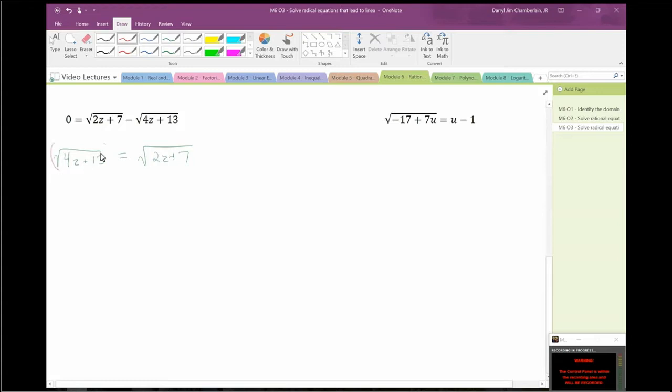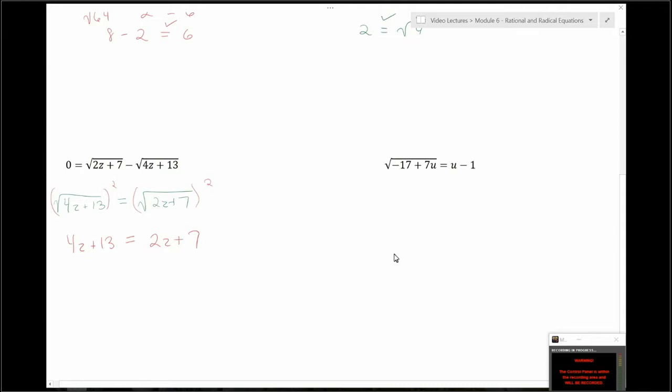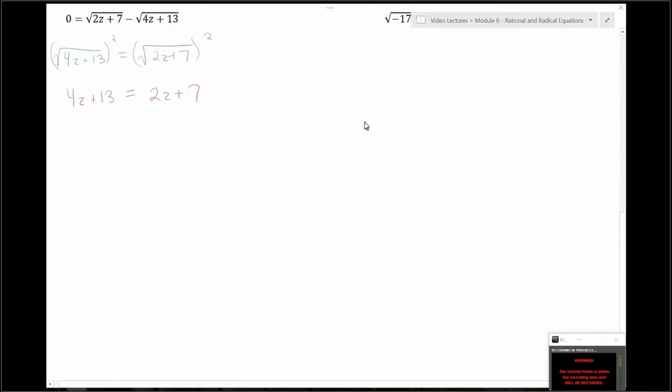Now I can square both sides, and both of them go away. And I can solve. 2z plus 13 equals 7. 2z equals negative 6. Z equals negative 3.